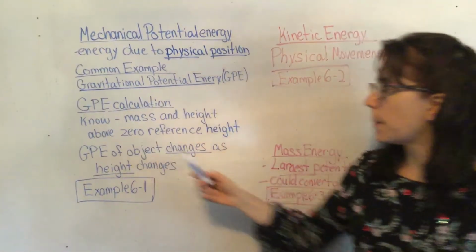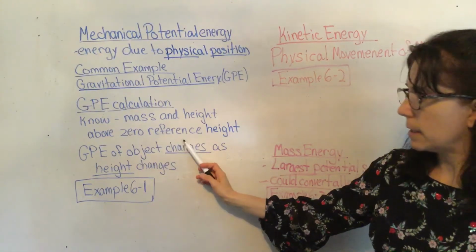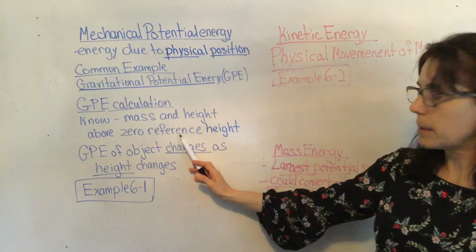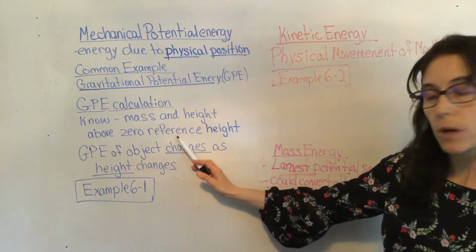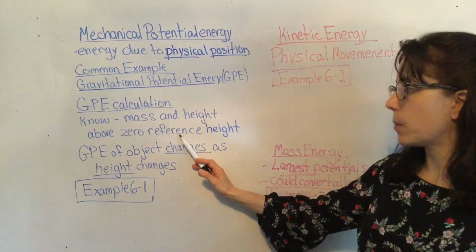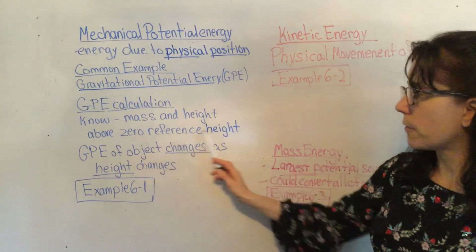How do we determine the height? It's above a zero reference. If it's a reference, that means the scientist gets to choose where zero is and measure from that point. So you need to know the mass and the height above a zero reference height.